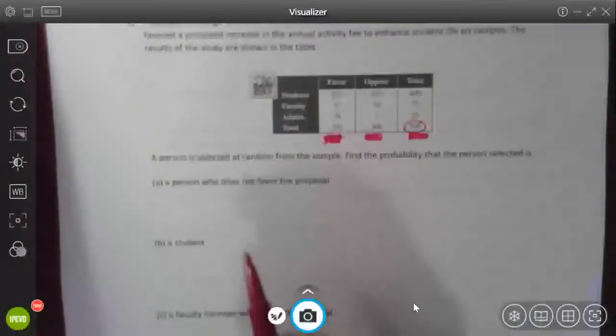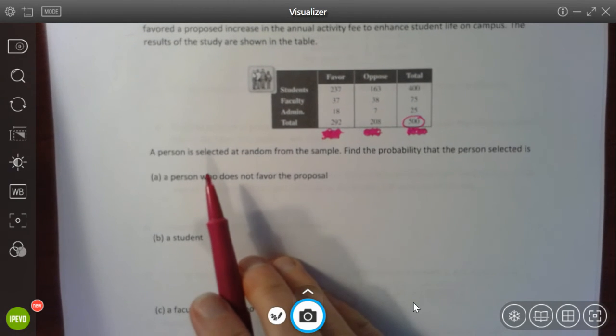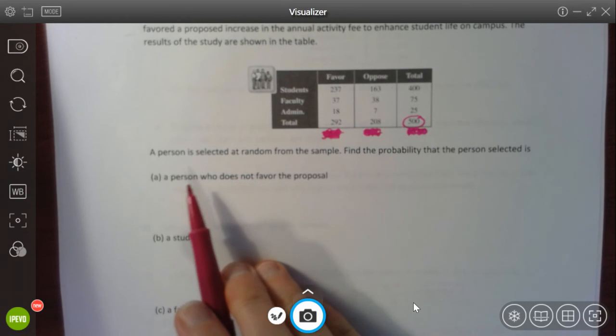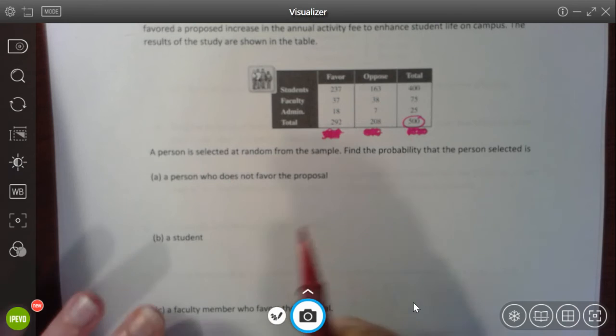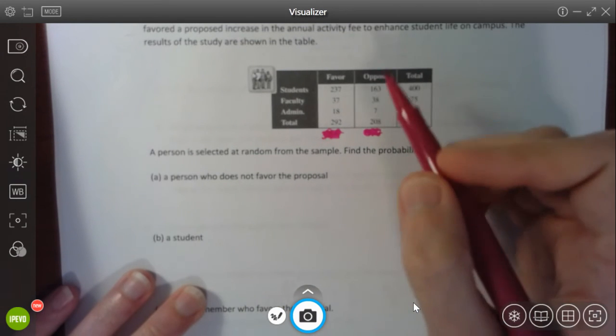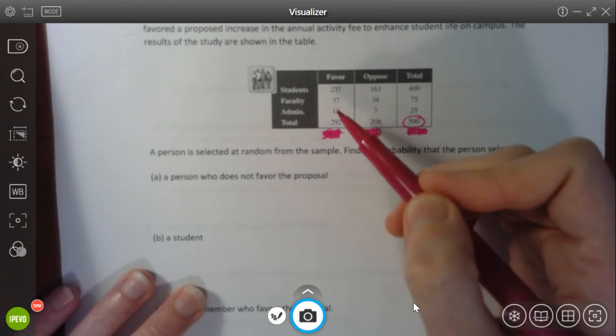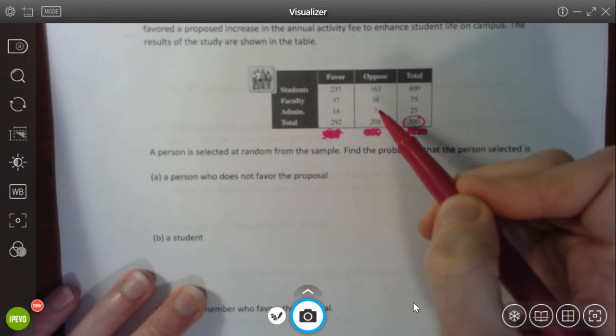But now when I go and I look at certain criteria for these probabilities, I want to find out the total that match the description out of that 500. So in A, if I want a person who does not favor the proposal, when I look at it right now, these are all the people in favor, and these are all the people that oppose.